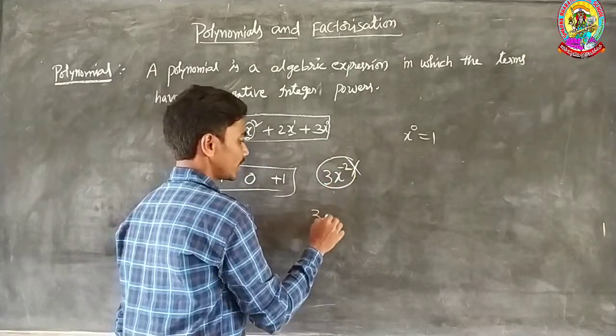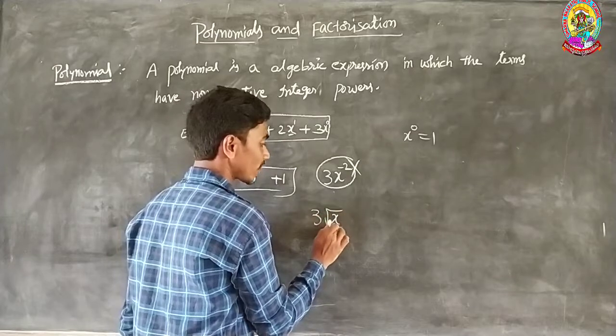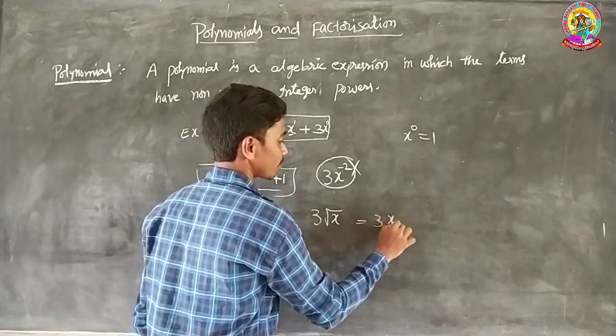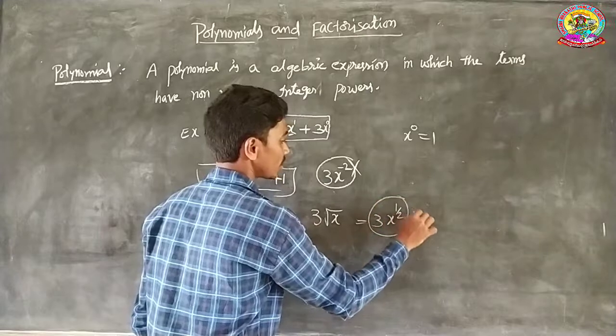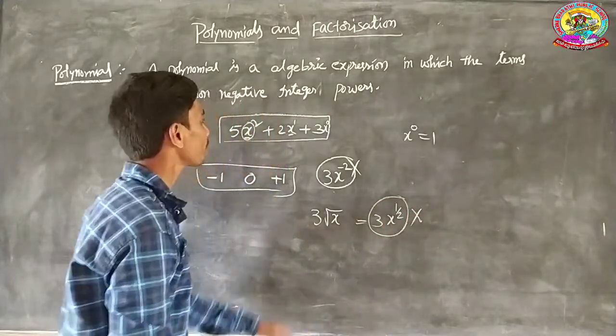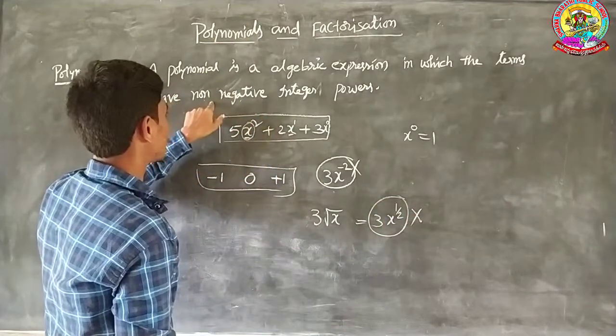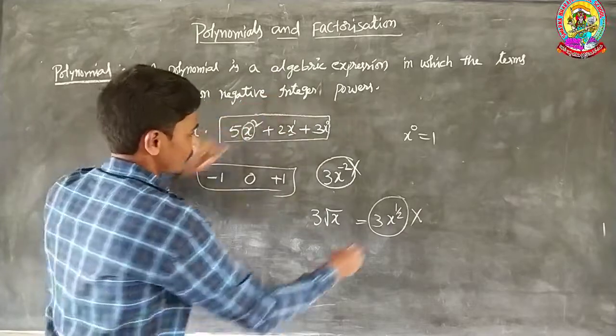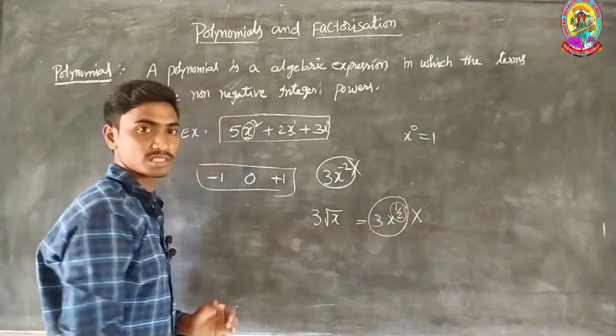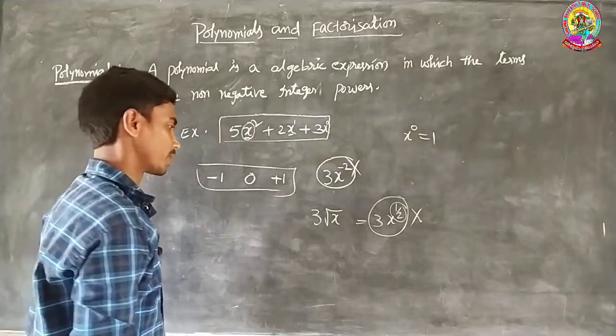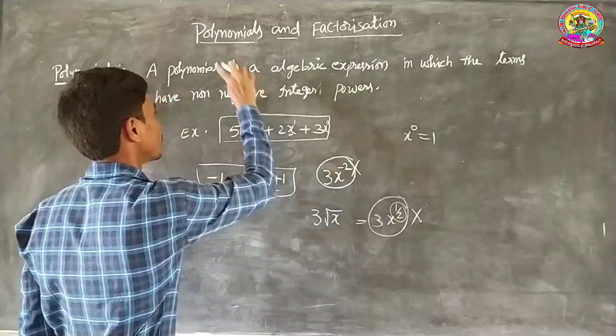Or 3 root x, root x means x power 1 by 2, it is not a polynomial because 1 by 2 is not an integer, it is a rational number.